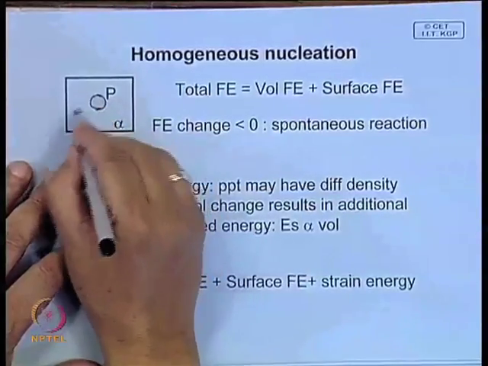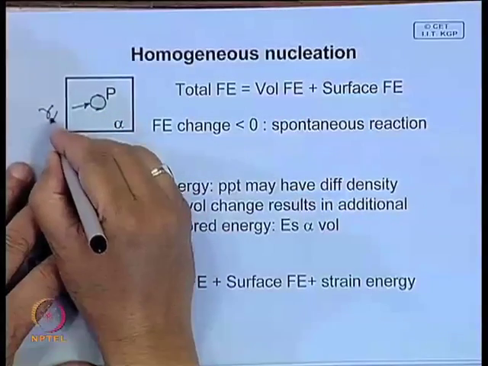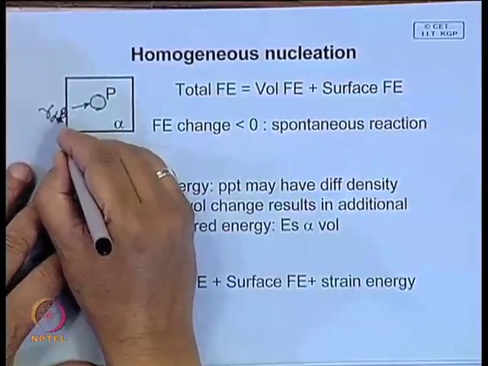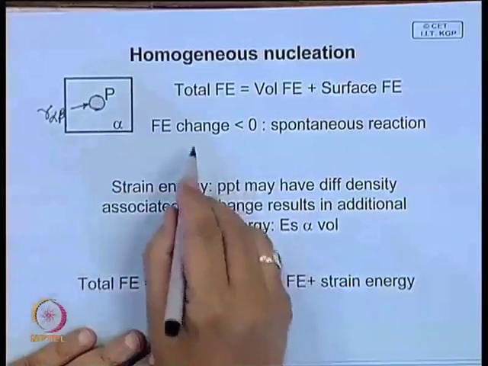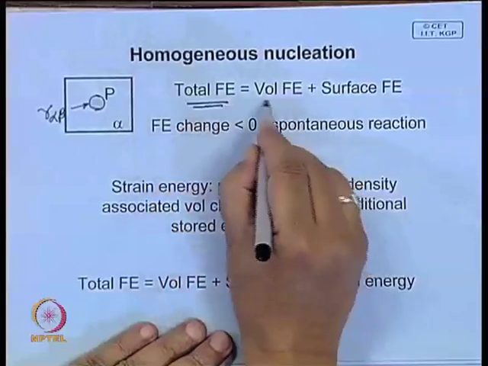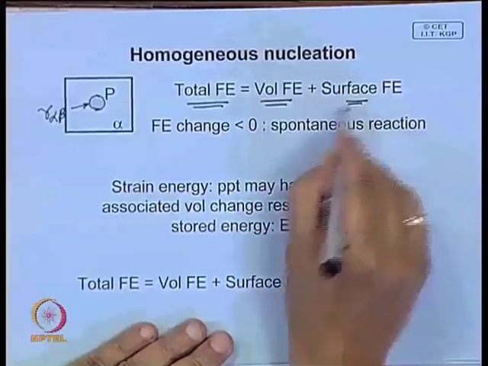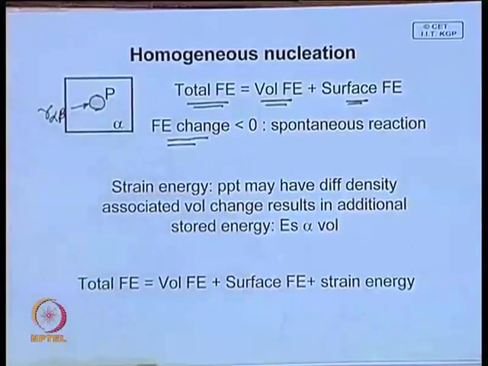The formation of a precipitate is the creation of a new surface, and let us say gamma alpha beta is the surface energy per unit surface, and the total free energy change will be the sum of these two, and the process will be spontaneous only if this free energy change is negative.